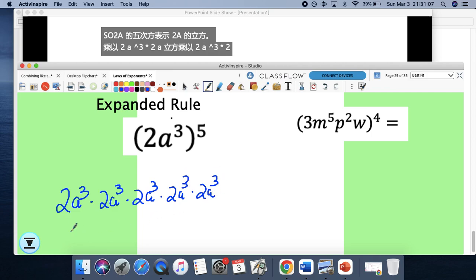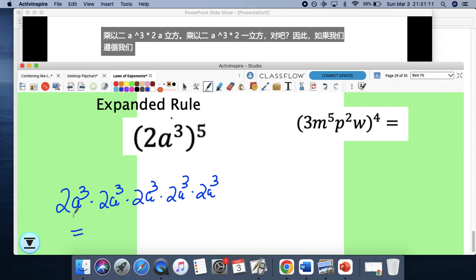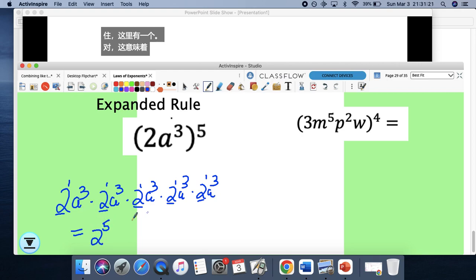So if we follow what we just learned and do the product rule, we can get 2 times 2 times 2 times 2 times 2. Remember, there's a 1 here, right? It means 2 to the fifth power. What about the a's? The a's would be 3, 6, 9, 12, 15, to the 15th power.